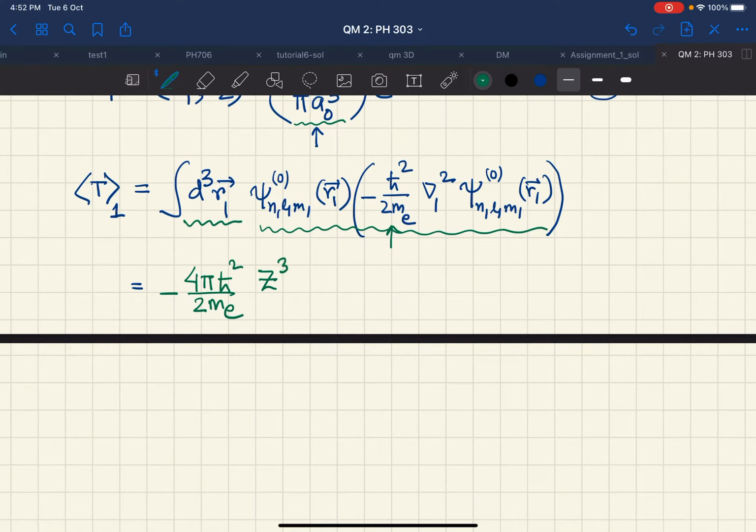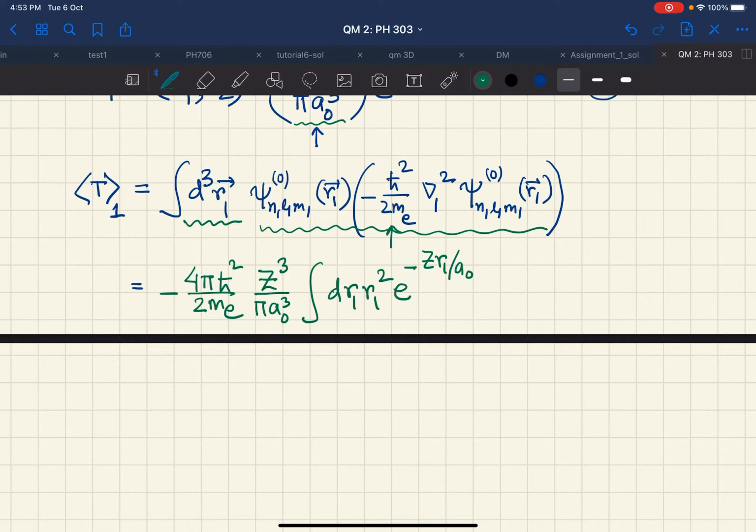Now we will have r1 squared dr1, and psi 0 n1 l1 m1 is nothing but e to the minus Z r1 by a0.